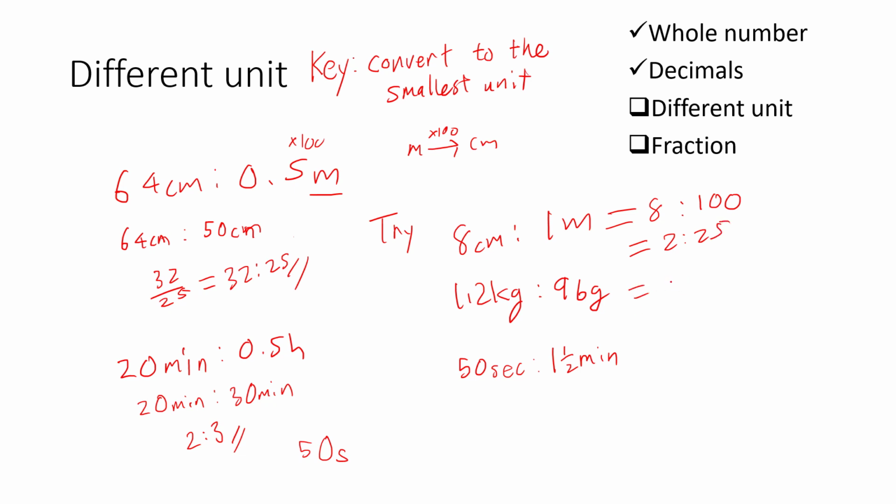Next, we have 1200 is to 96. And the ratio will be 25 is to 2. Finally, this one is 50 second is to 90 second. So my ratio will be 5 is to 9.